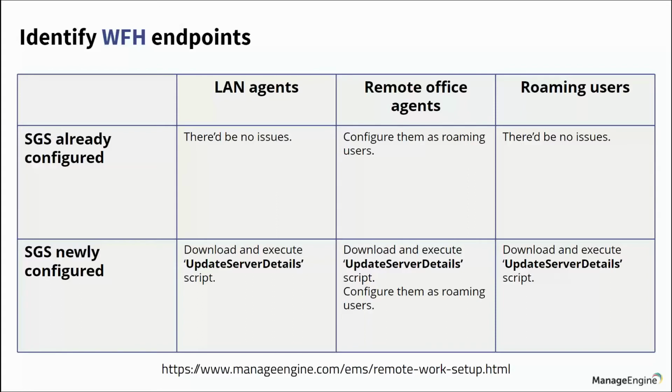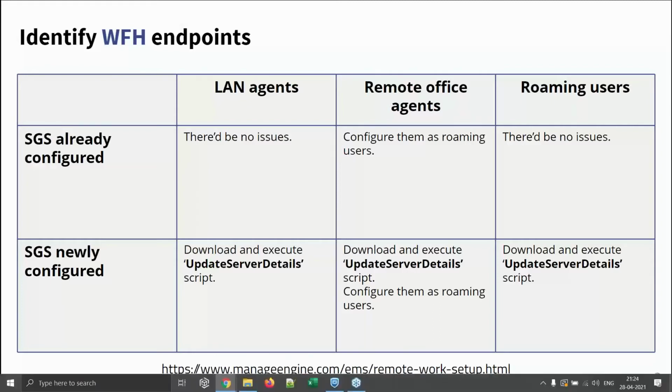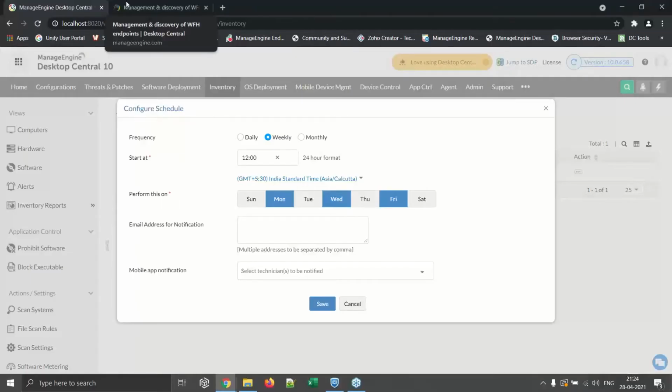For this, it's again a little painful, but you have to do this activity manually on all the client machines by running a script. Now, we have an article which we released recently.